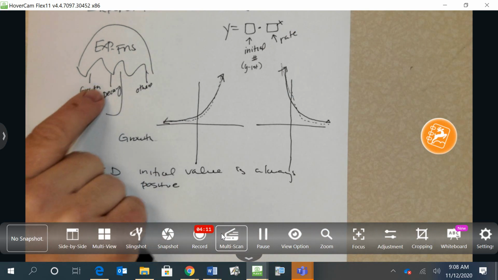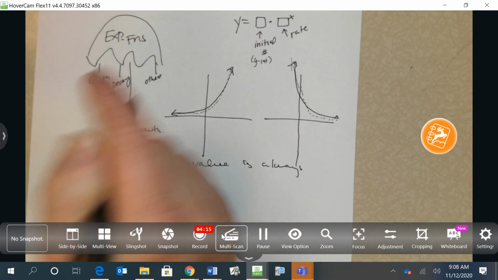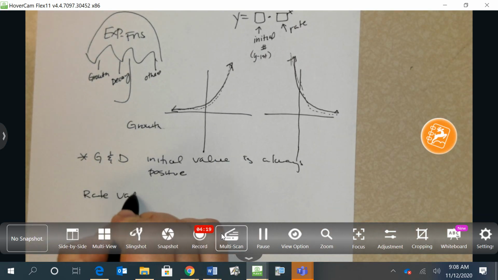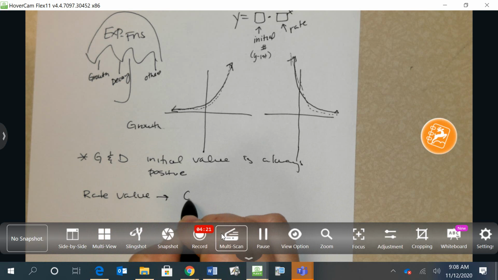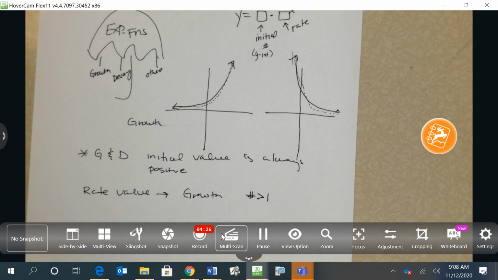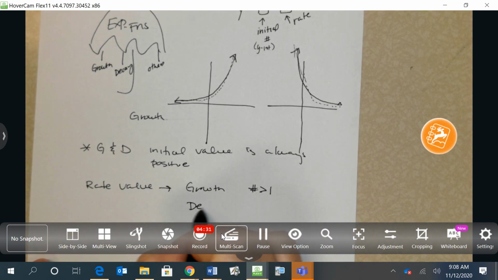Now, how do we distinguish between growth and decay? For growth, this rate value, this number, is greater than 1. It's not equal to 1, it's greater than 1. And for decay, we say that number is less than 1 but greater than 0.